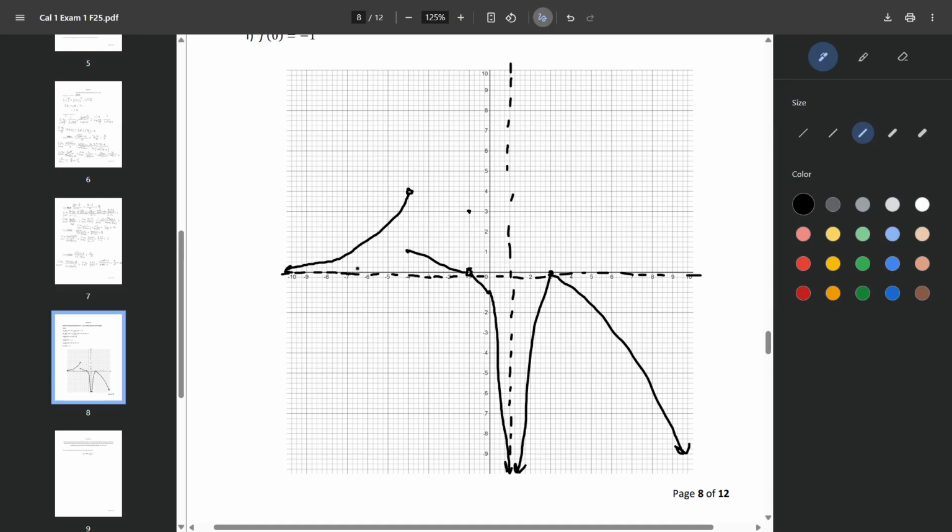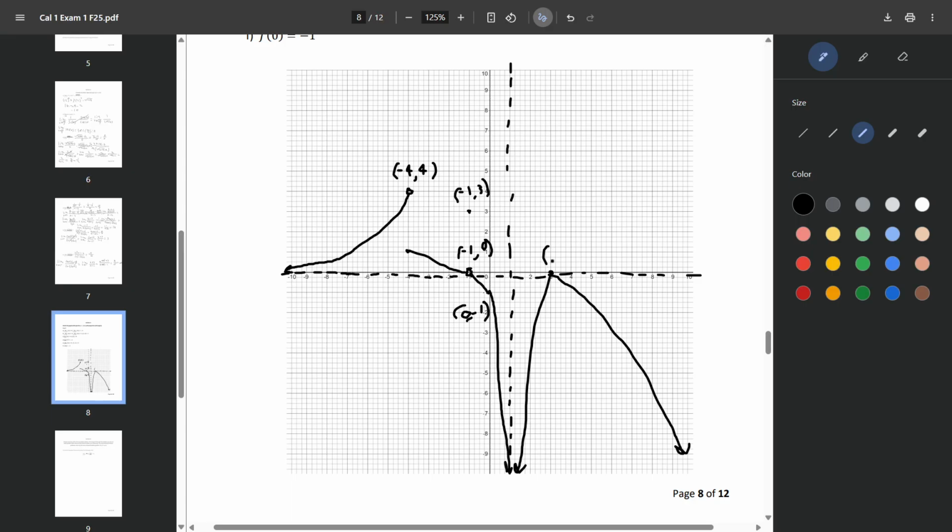Right? I'm also going to be labeling my points just so it's more clear to see. This is -4, 4. This right here is -1, comma 3. This right here is -1, comma 0. This right here is 0, comma -1.